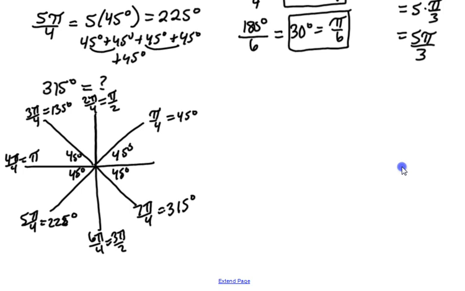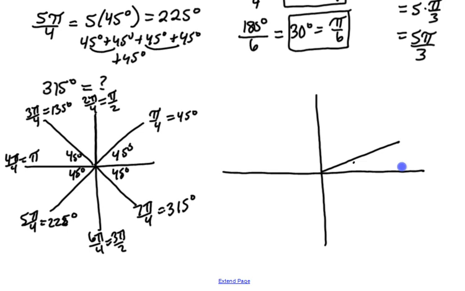If we look at the 30s and the 60s, here's 30, which is pi over 6. 60 is another 30, so it's 2 pi over 6, but that's pi over 3. So that's 60, and this is 30.